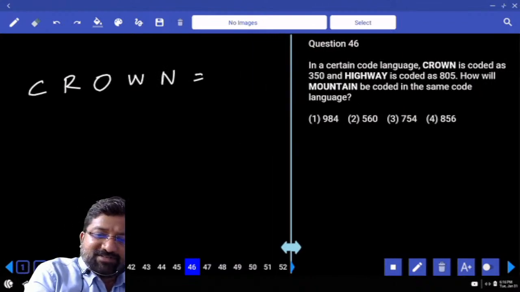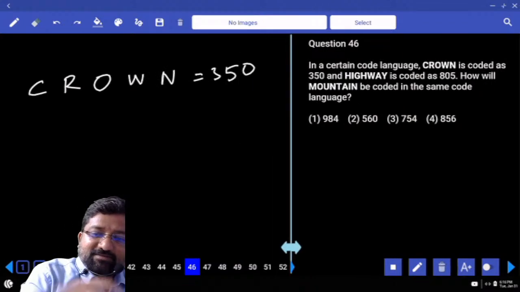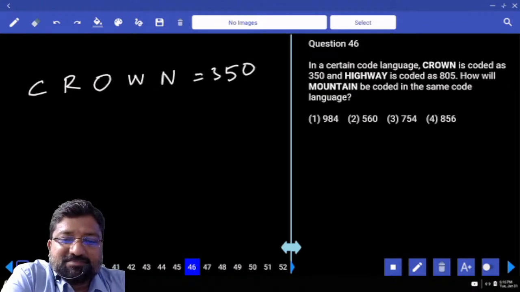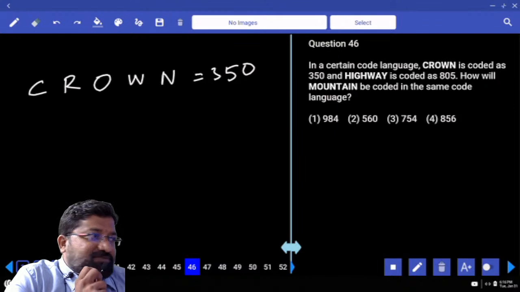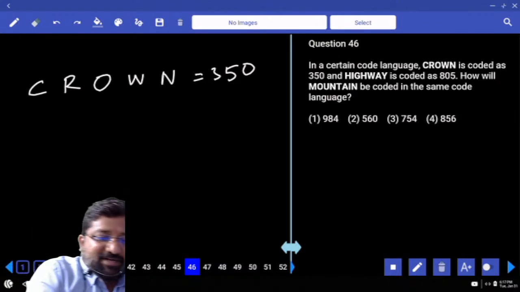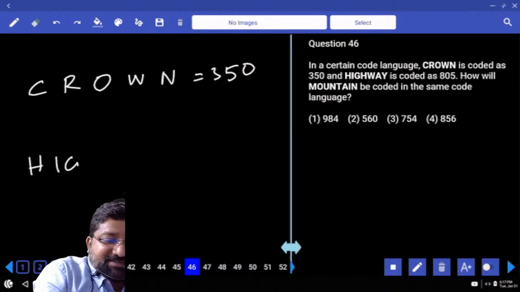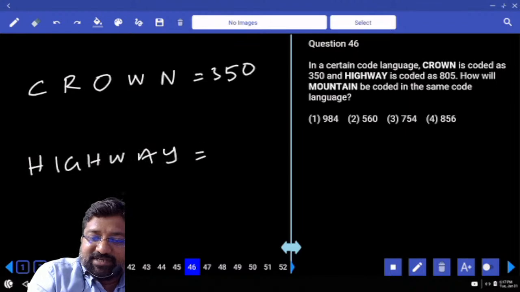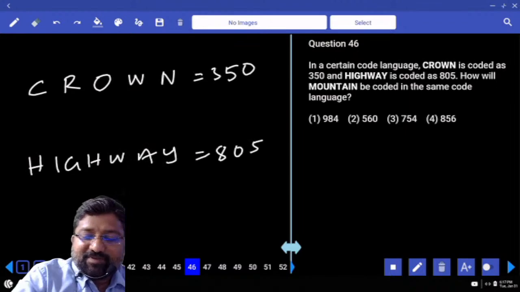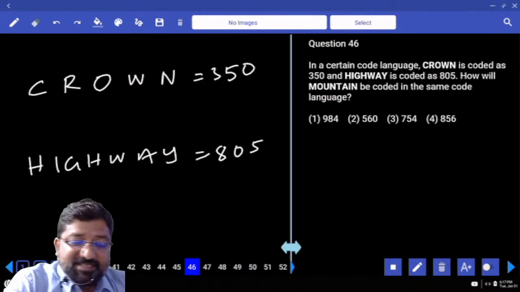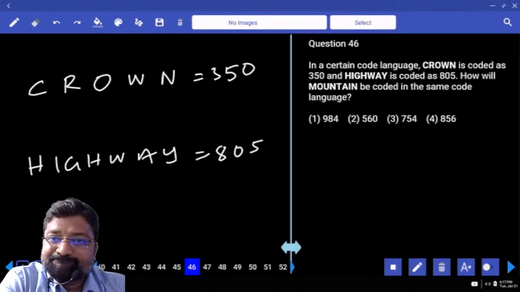350 is divisible by 5. Highway, HIGHWAY, is written as 805. Is this 805 divisible by 5? Yes. Is it divisible by 7?